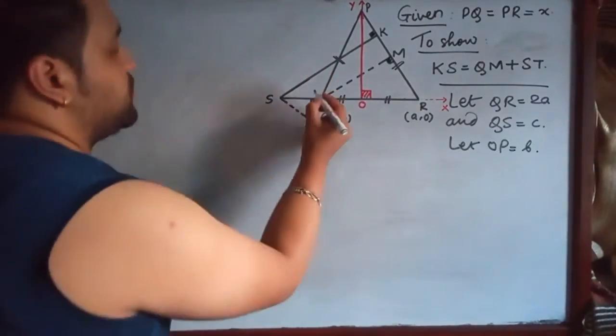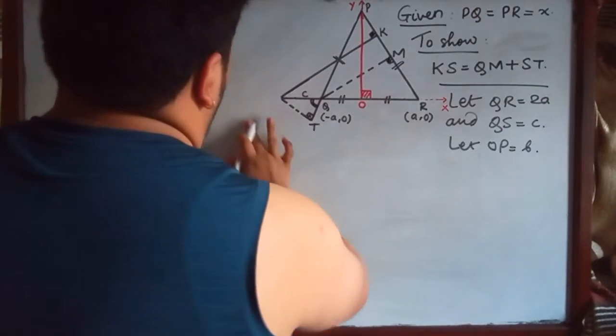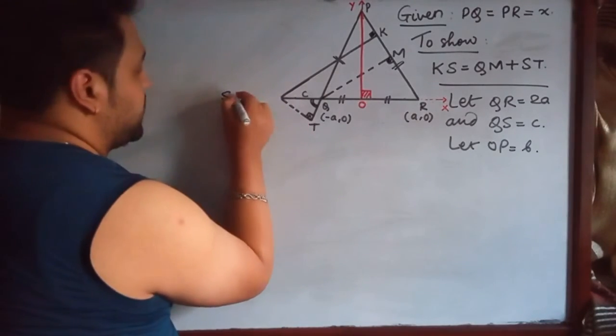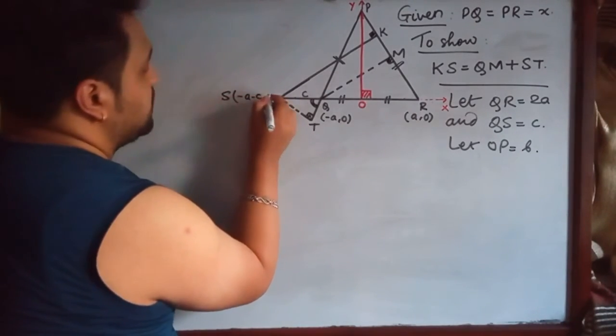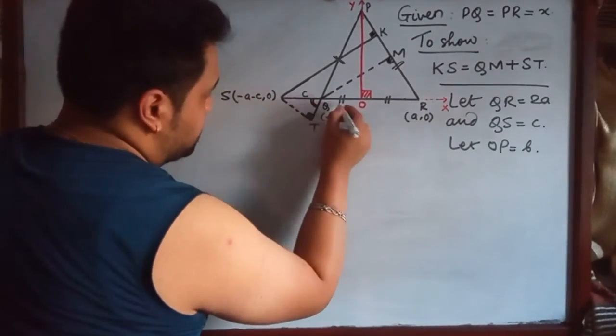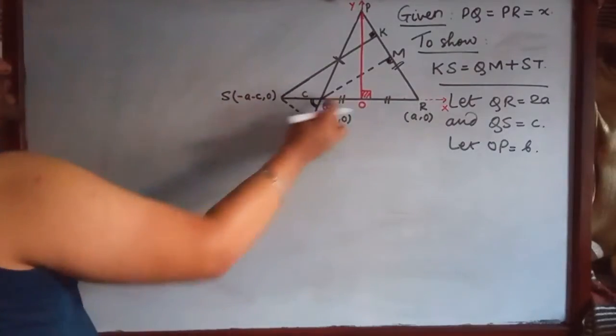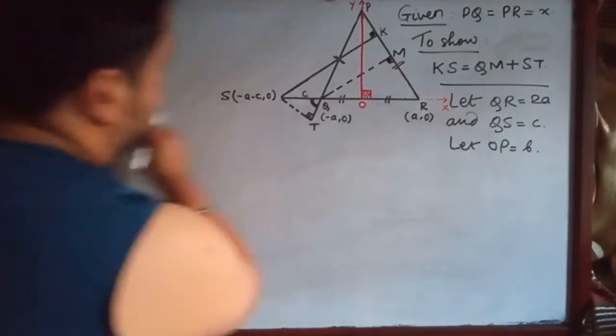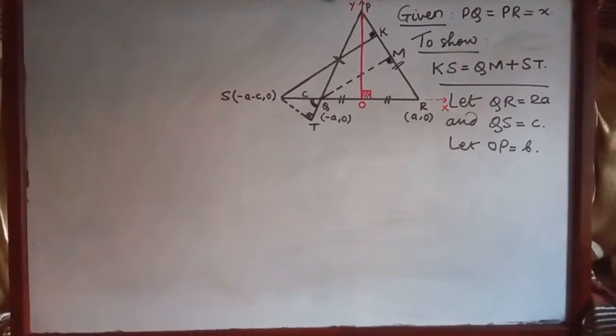We've supposed this length to be C, and so the coordinates of S are minus A minus C comma 0, because this length is A plus C and is towards the negative direction of the x-axis.